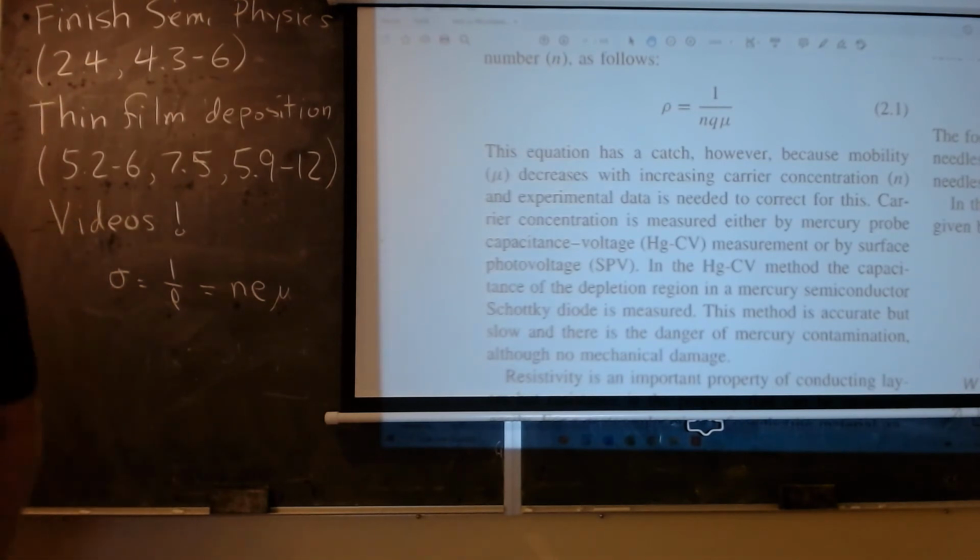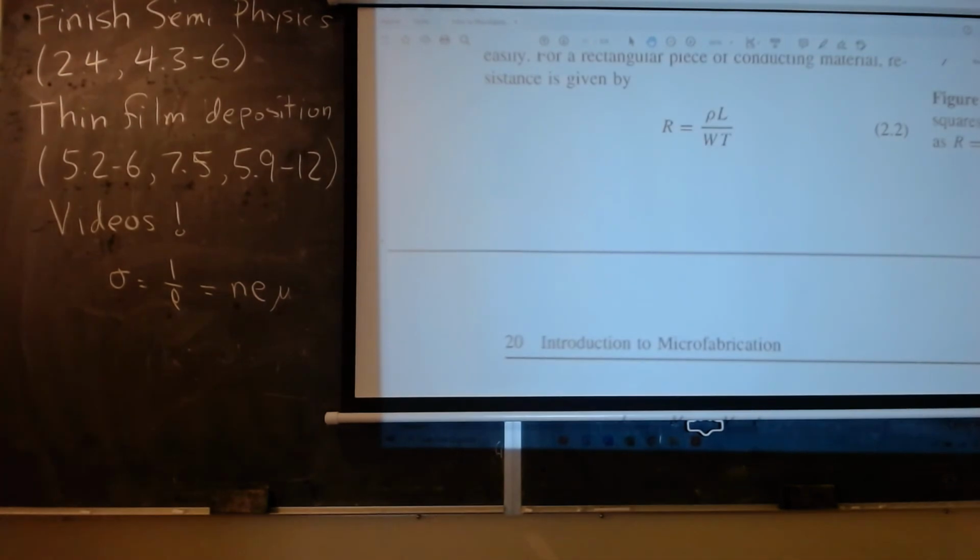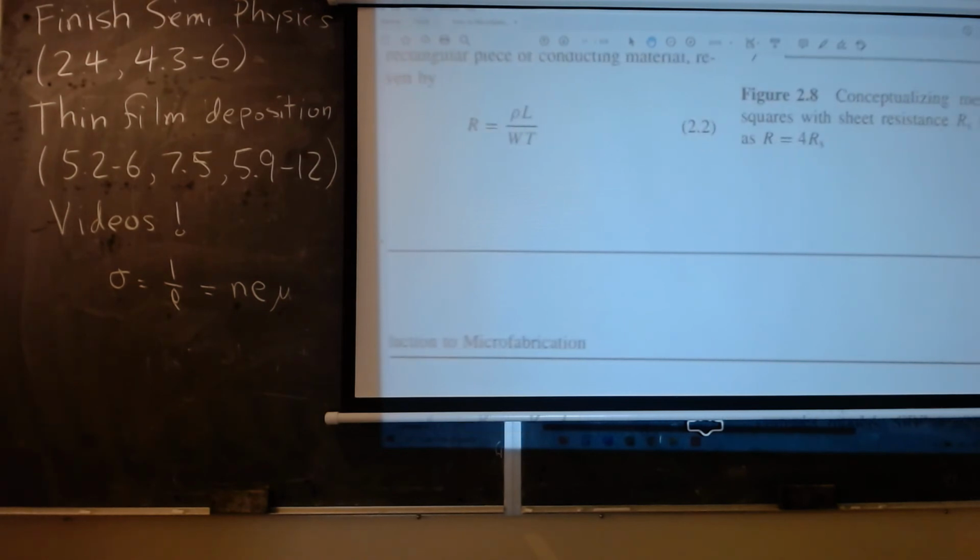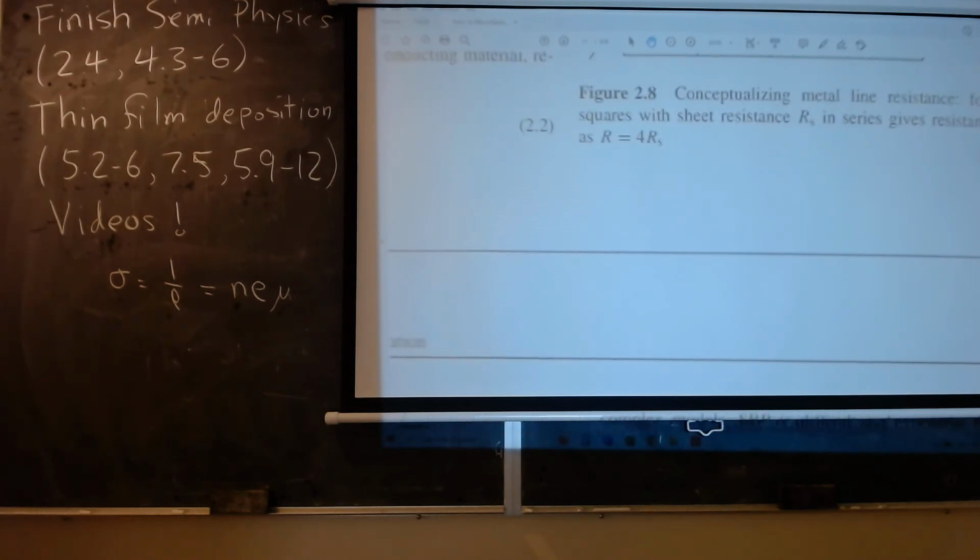All right, now beyond that, basically this section is on how to measure the conductivity, and we can walk through this a little bit. This equation here is just how you connect resistivity or conductivity to the actual resistance.